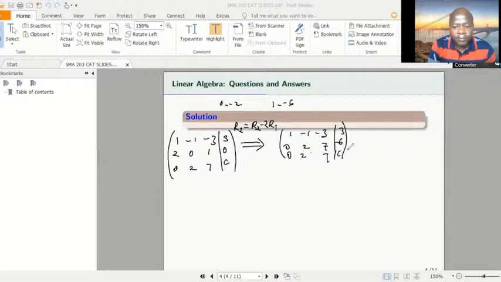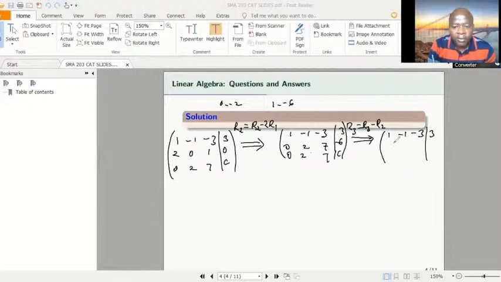Now, I want to use this one to create a 0 in this position, so that means that I need to get the new row 3 by taking the current row 3 minus the current row 2. So when that happens, then I have 1, negative 1, negative 3, then 3.